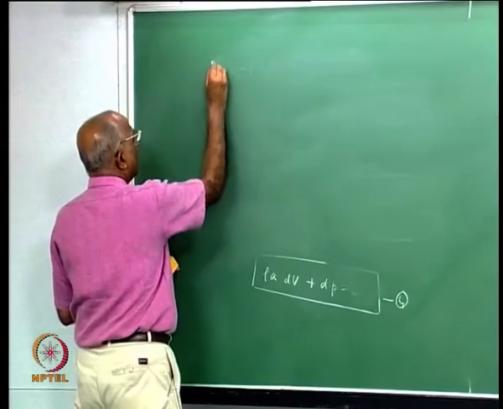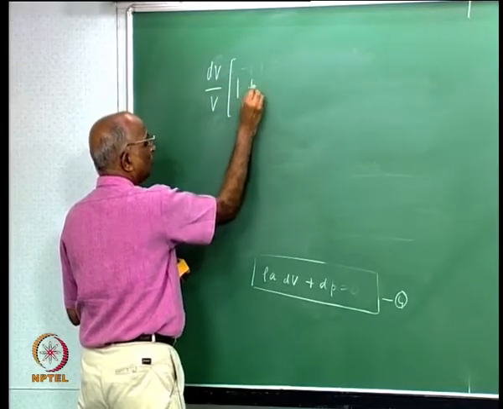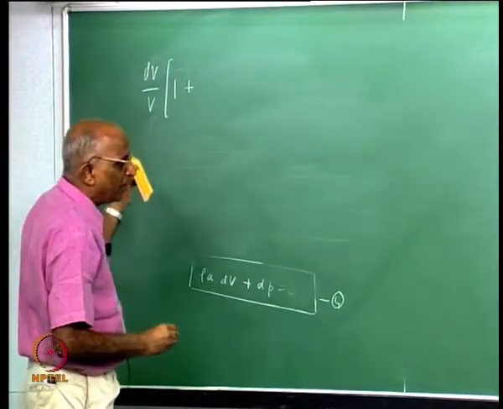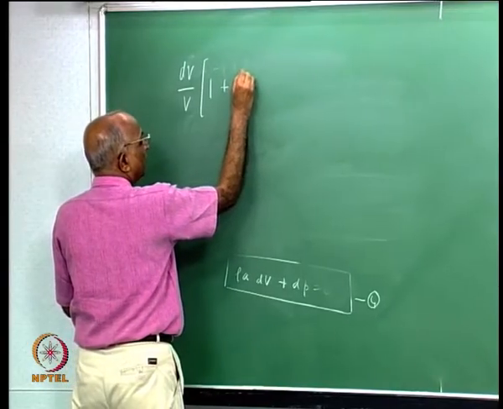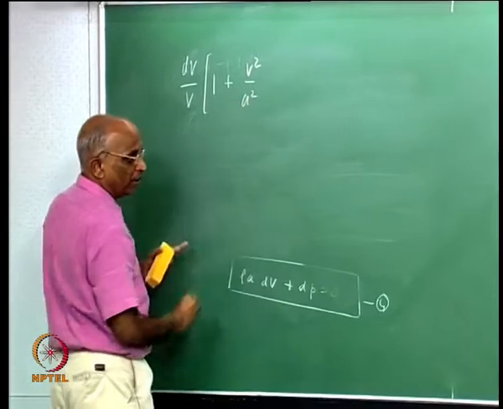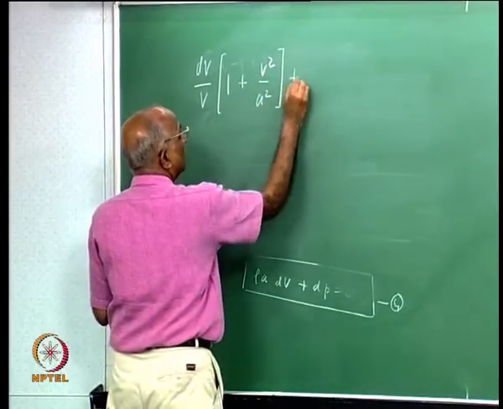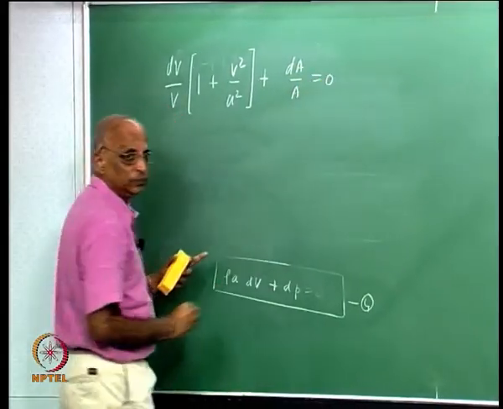Therefore I get dV by V into 1 plus, I took V outside at the denominator, therefore I get V square on top divided by a square, plus dA by A is equal to 0.